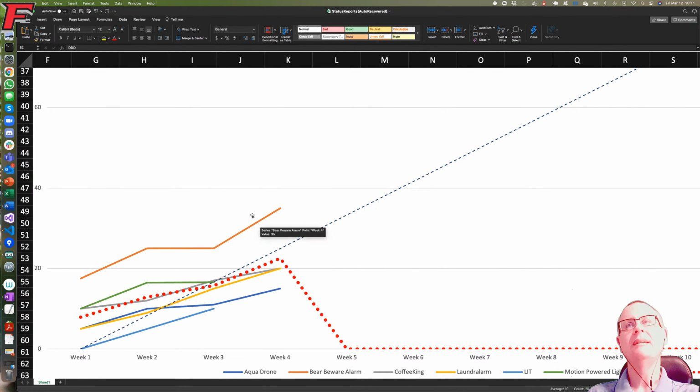And these are the different projects, and the idea was that if you're above the dashed line, then you're doing okay, and if you're below the dashed line, then you're a bit behind.